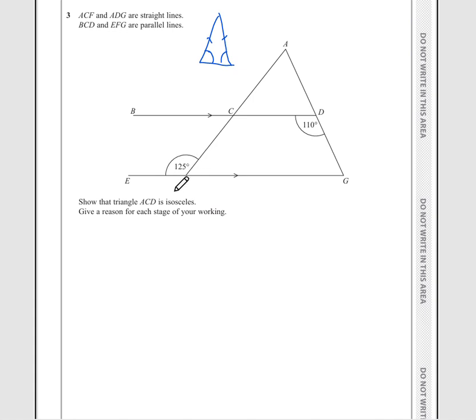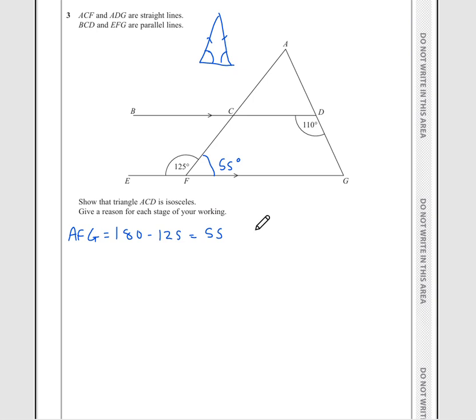So let's start with this angle 125 down here. So I'm going to work out this angle first of all. 180 minus 125 degrees is going to give us 55 degrees. I'm going to label that on here so it's really clear. I should describe this angle, so AFG describes this angle.